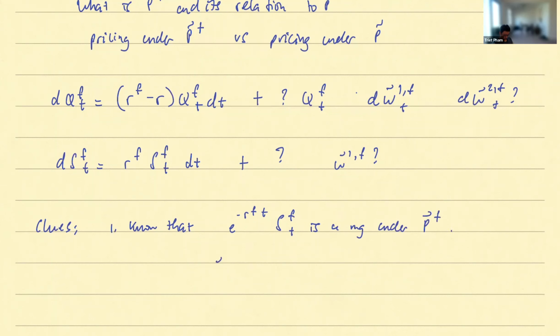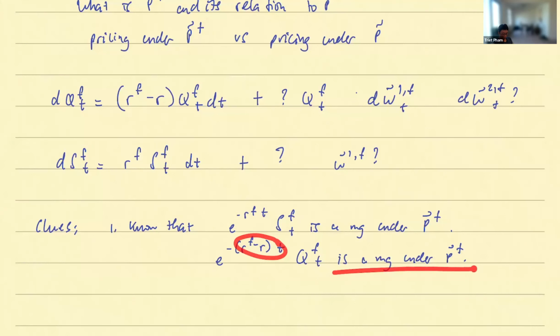Now, this might feel awkward to say out loud, but in a similar way, the other exchange rate, if you discount it at the right rate, is also a martingale.